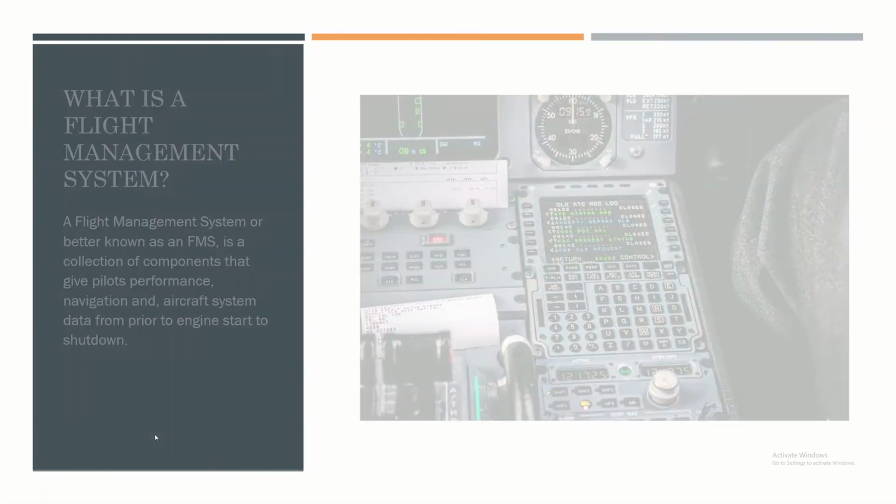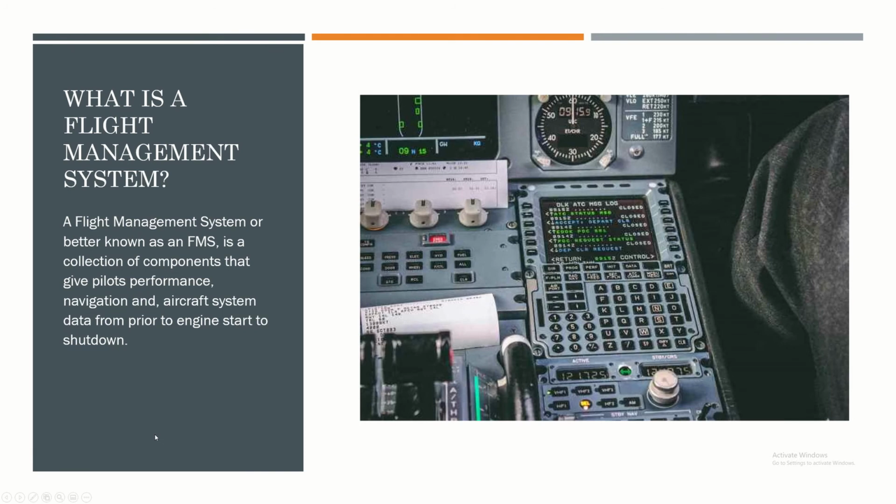So for the flight management system, it's better known as the FMS, which is what most pilots refer to it as. It is a collection of components that give pilots performance, navigational, and aircraft system data prior to the engine start all the way to shutdown.